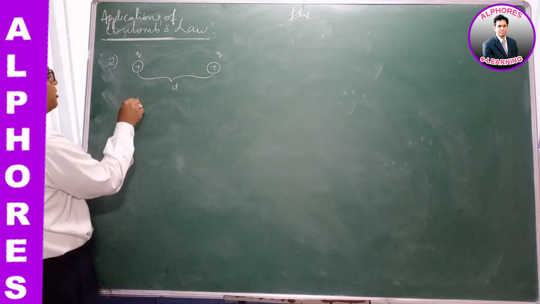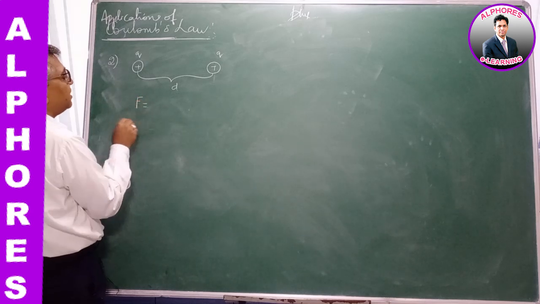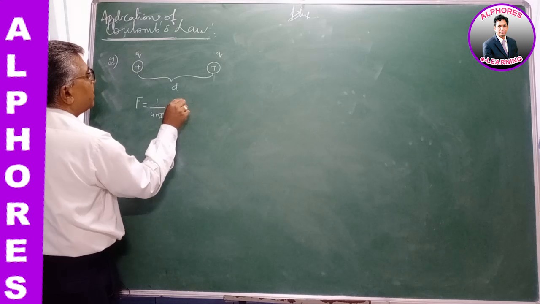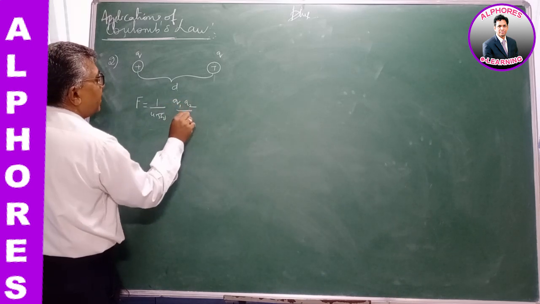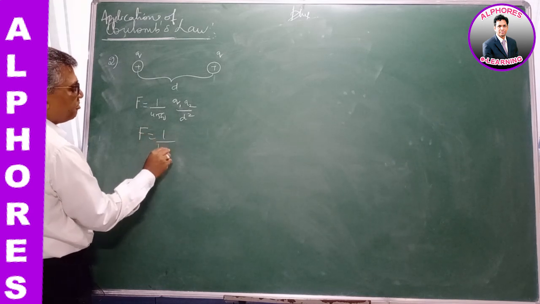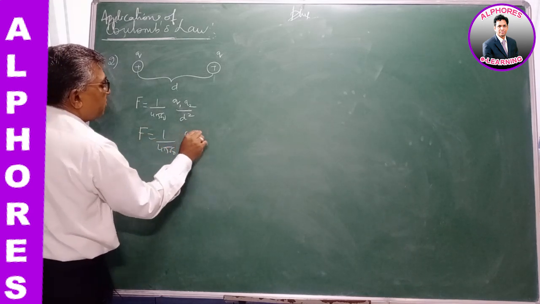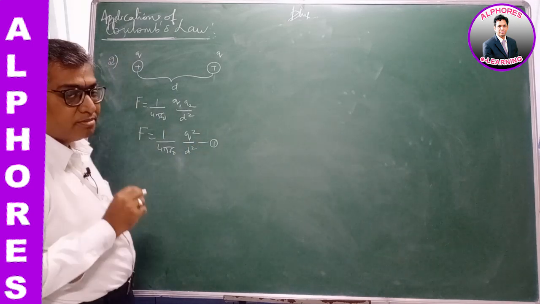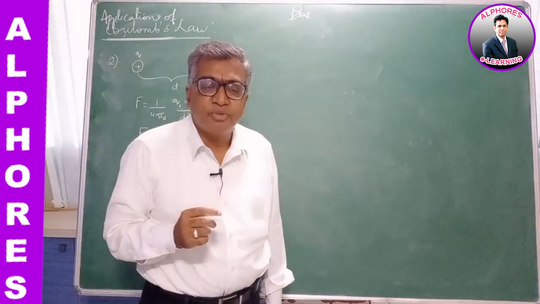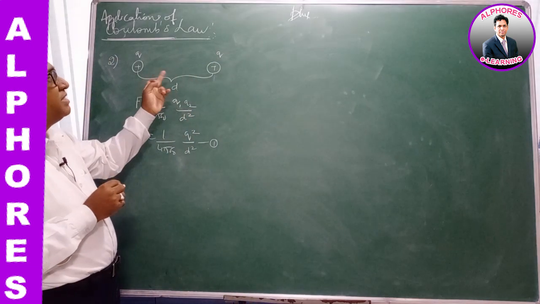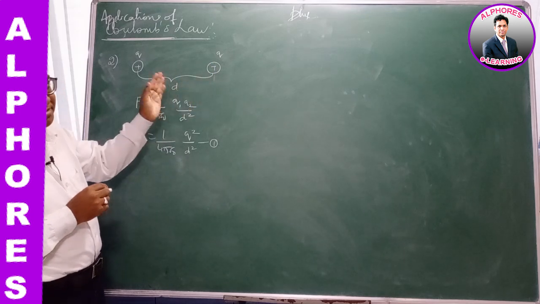The force of repulsion between them, F, is equal to 1 by 4 pi epsilon q1 q2 by d square, or substituting, the force is 1 by 4 pi epsilon q square by d square. Question 1. Now what happens to the force between the charges when the distance between them is either doubled or halved?